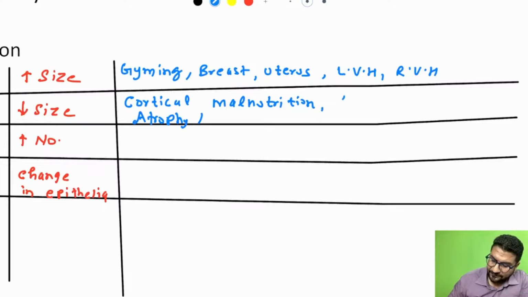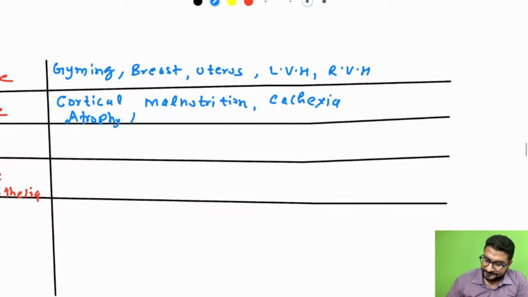You can see atrophy in a patient suffering from cancer or some terminal illness, like cachexia, right?